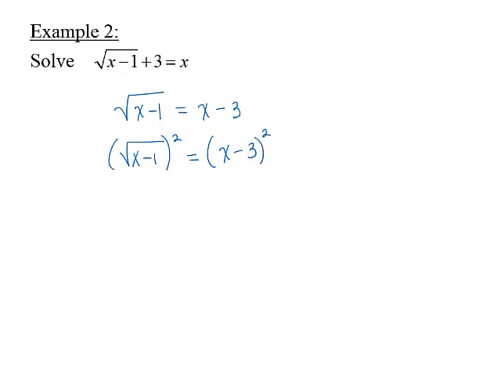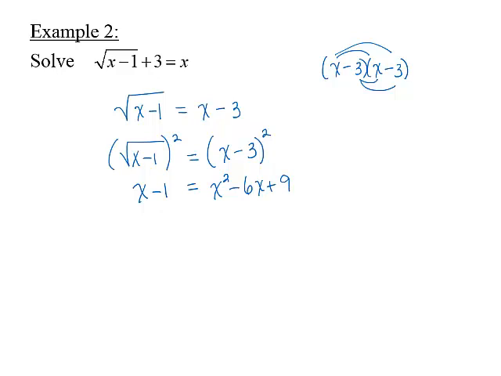Squaring the square root of x minus 1 gives x minus 1. Squaring x minus 3, if you need to write it as x minus 3 times x minus 3 and multiply that out, do so. We will get x squared minus 6x plus 9.